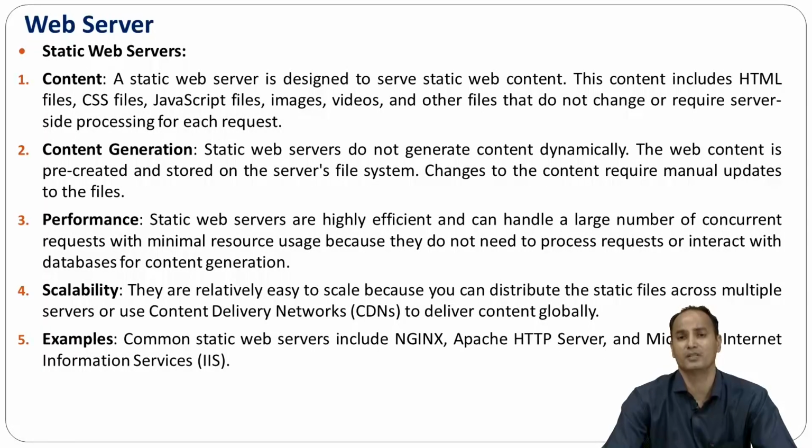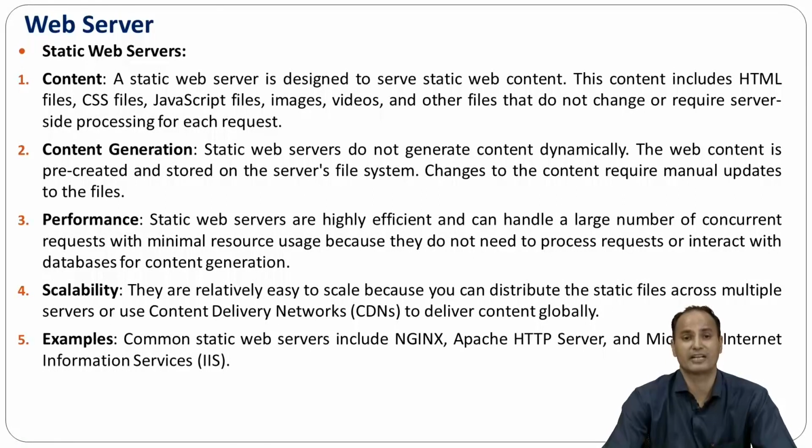What is meant by content with respect to a static web server? Generally, a static web server contains static content in terms of static web pages. This content includes HTML files, CSS files, JavaScript files, images, videos and other files that do not change or require server-side processing for each request.